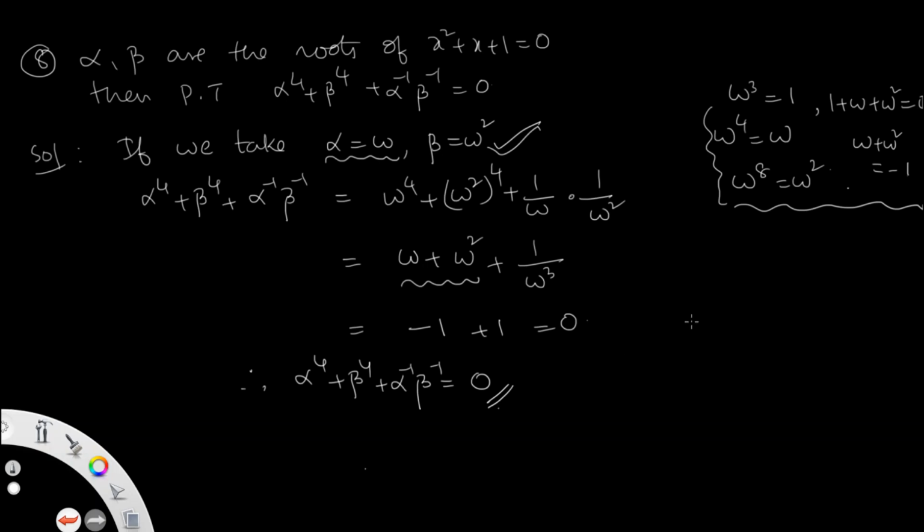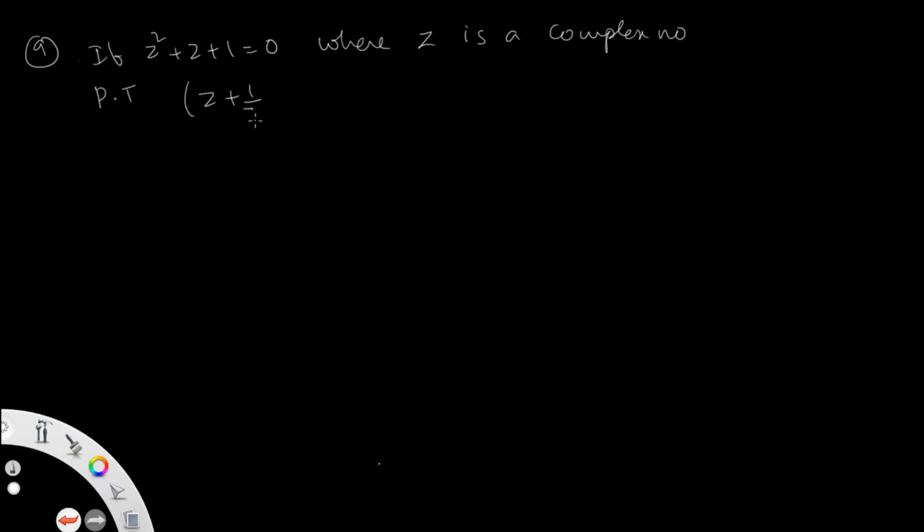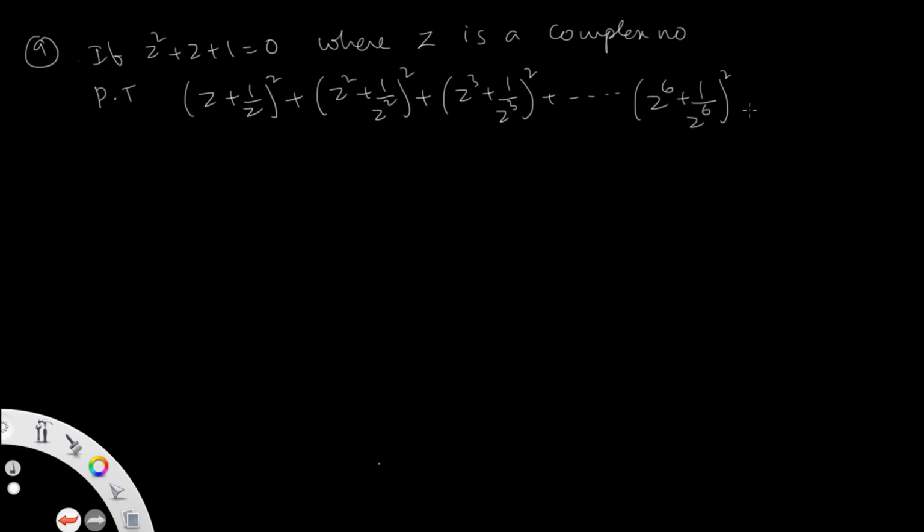So next, question number 9. If z square plus z plus 1 equal to 0, where z is a complex number, prove that z plus 1 by z whole square, plus z square plus 1 by z square whole square, plus z cube plus 1 by z cube whole square, and so on, up to z power 6 plus 1 by z power 6 whole square, equal to 12.